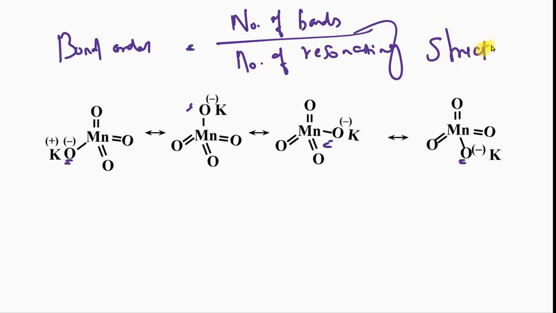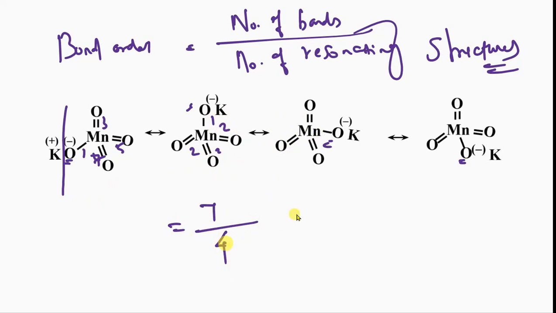For the number of bonds here, you leave out the K. So 1, 2, 3, 4, 5, 6, 7. If we count like this, 1, 2, 2, 2, the total number of bonds is 7. That is 7 divided by the number of resonating structures, 4, which equals 1.75. So this is the bond order for MnO4 minus.